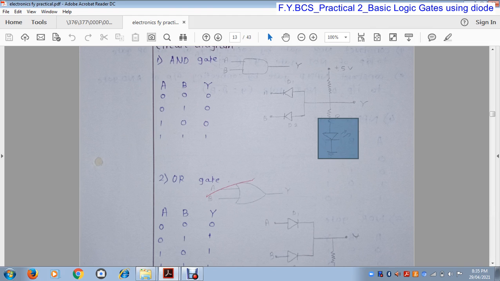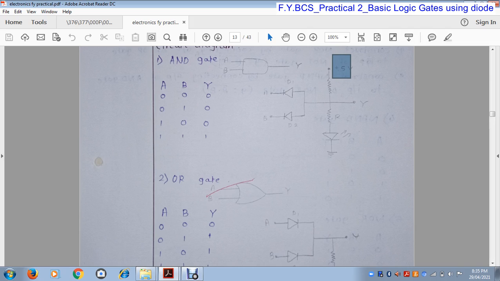Similarly, in the third condition, A is 1 and B is 0. So here A is 1, that means the voltage across the cathode terminal of D1 is 5 volt. The 5 volt supply provides the current here. So all the current goes through diode D2, because B is 0.